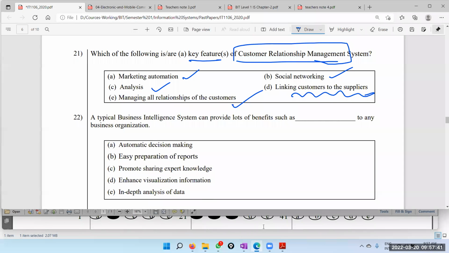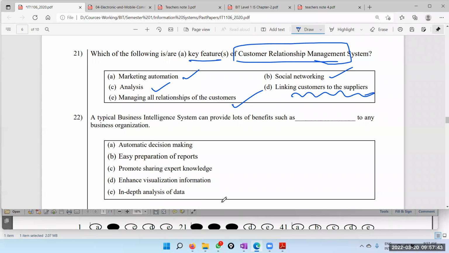Sorry, they have not taken E. I don't know why. So my answer is there, but managing all relationships of the customers. I don't know why E is not the answer. Maybe it's the English wording: managing all the relationships with the customers.